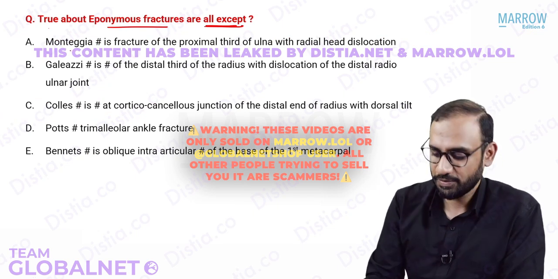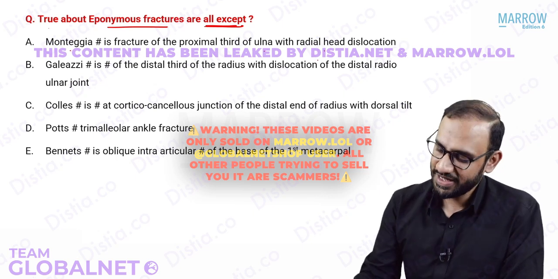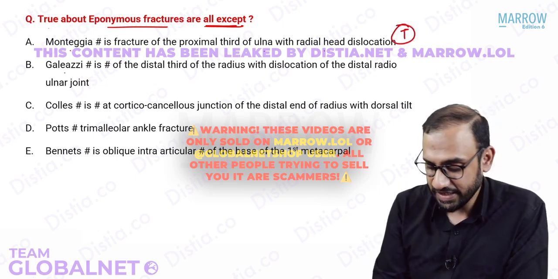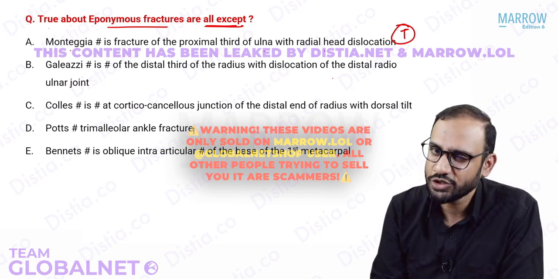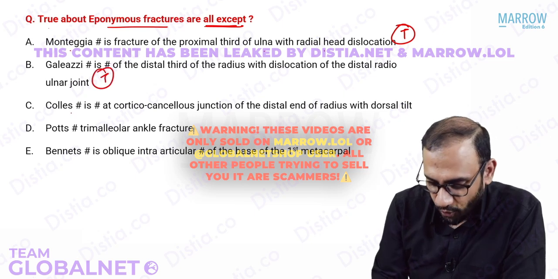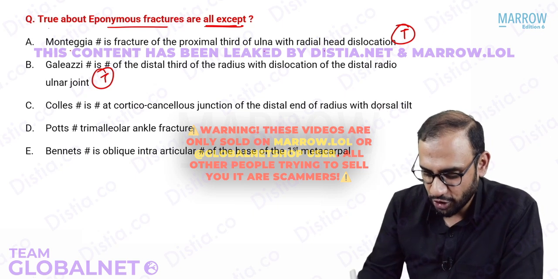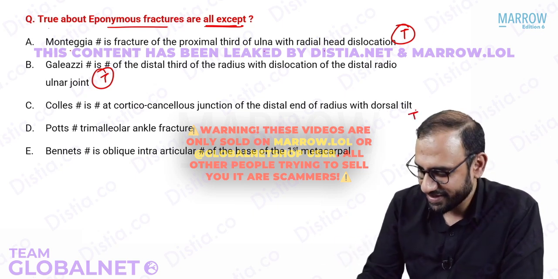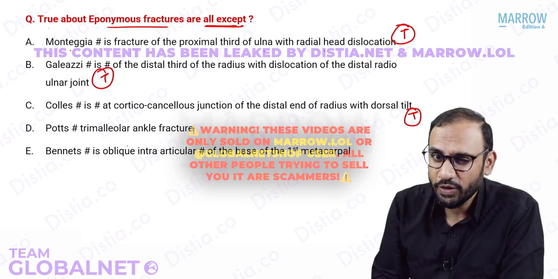True about eponymous fractures are all except. Monteggia fracture is a fracture of the proximal third of ulna with radial head dislocation. Remind yourself from upper limb trauma. Yes, this is true. Galeazzi fracture is the fracture of the distal third of the radius with dislocation of the distal radioulnar joint and injury to the TFCC. Yes, true. Colles fracture is the fracture at the corticocancellous junction of the distal end of the radius with dorsal tilt. Yes, osteoporotic females. Potts fracture is a trimalleolar ankle fracture?